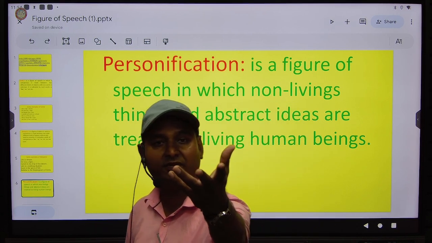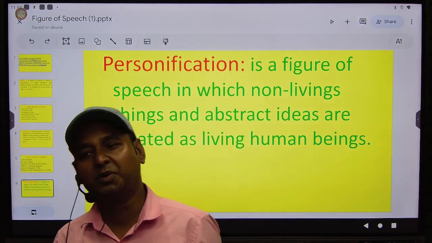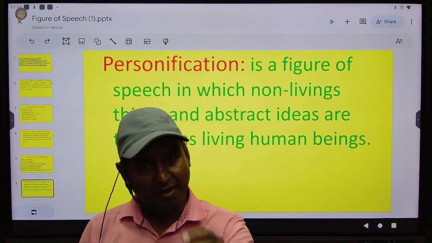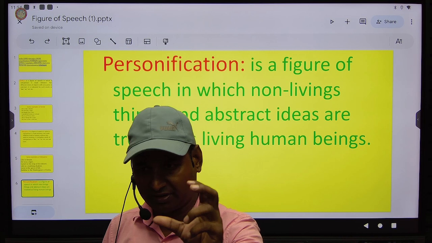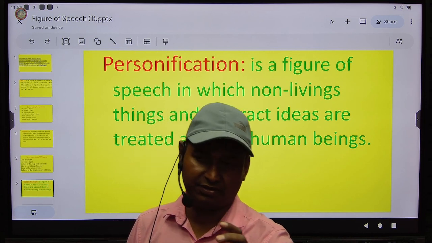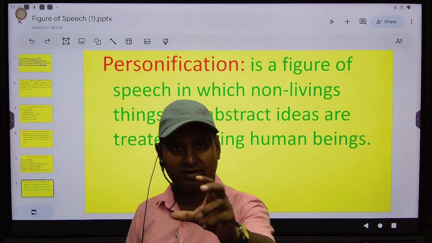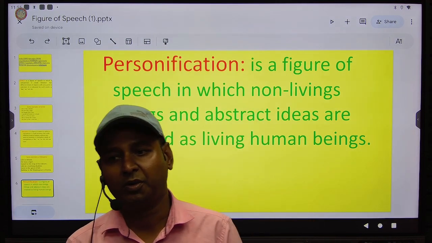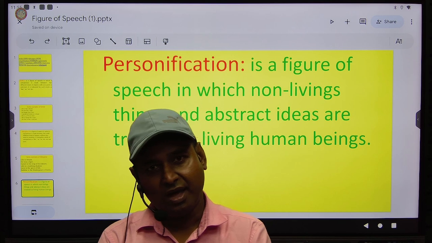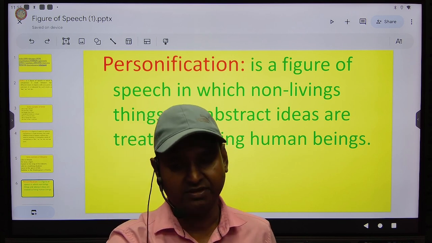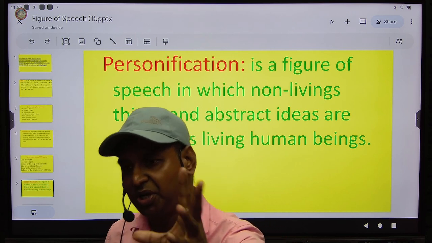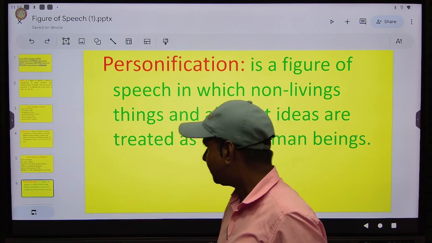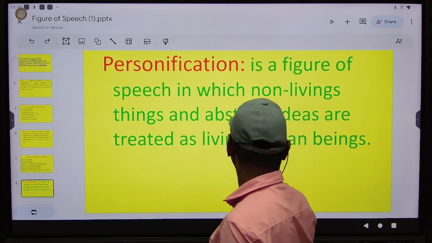Just like if I call this camera, hello camera, how are you? So camera is not a living thing. It is a non-living thing. But if I call him, you say, hello camera, how are you? How do you do? So I am personifying this. I am giving a personality to this camera. So that's it.